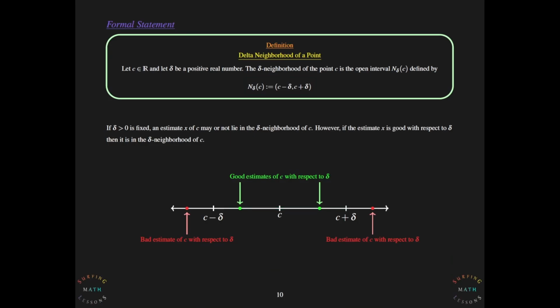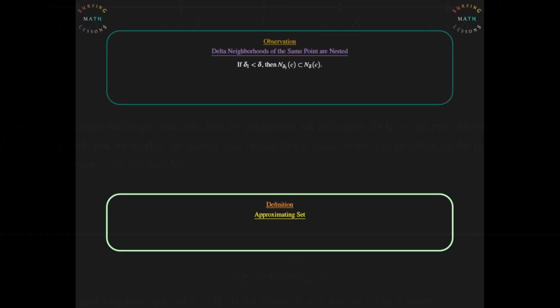If we consider the delta neighborhood of c for different choices of delta values, then we see that delta neighborhoods satisfy the following property. Delta neighborhoods of c are nested intervals.